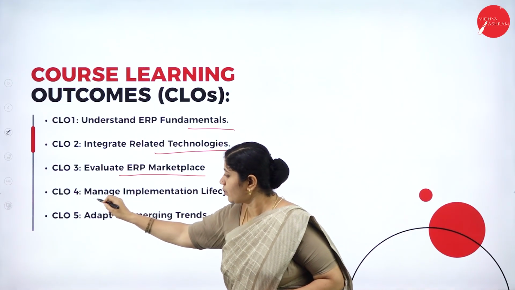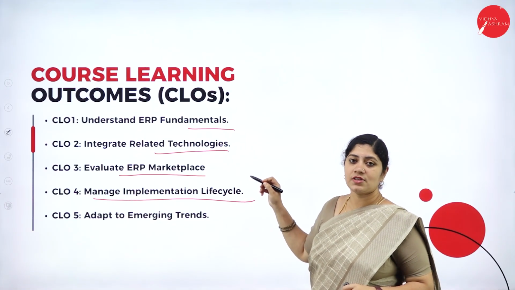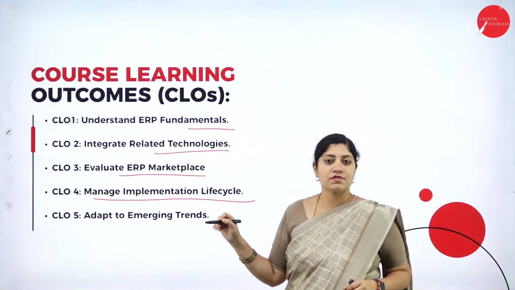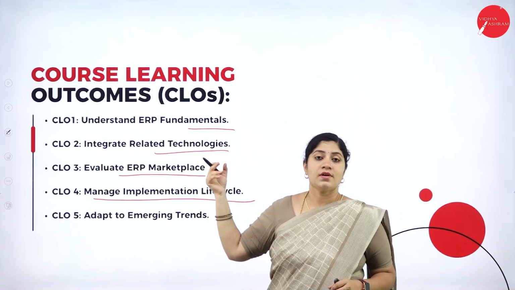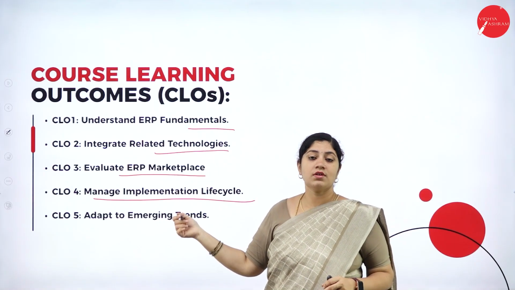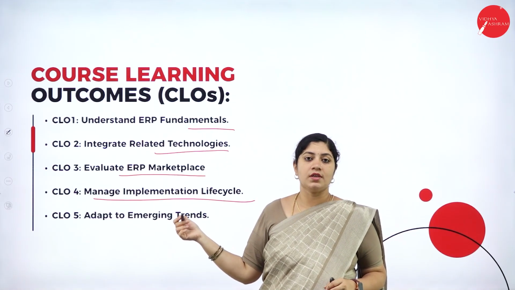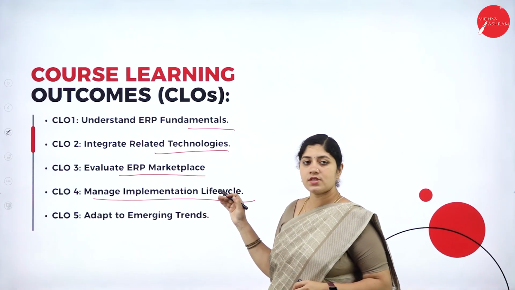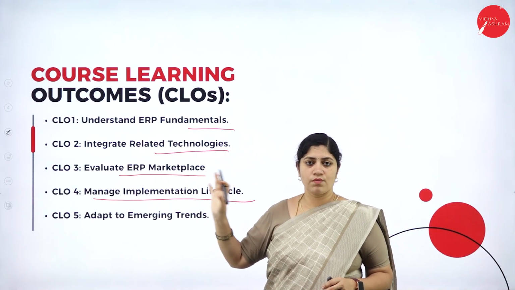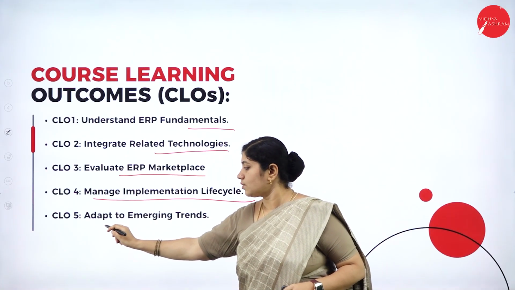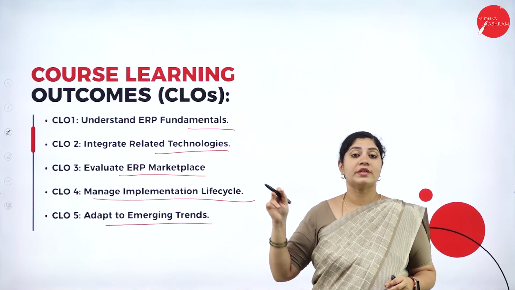Next, the CLO4 is to manage the implementation life cycle. What is the life cycle of ERP? How to manage that? What are the things that are required? What are the key points that have to be noted? So we will discuss it all under our CLO4. Next, the learning outcome is to adapt to emerging trends.